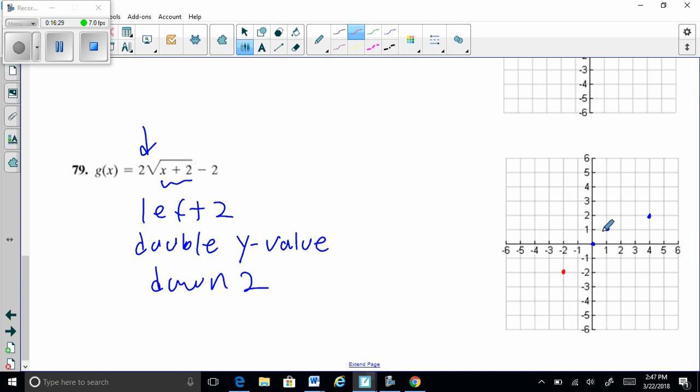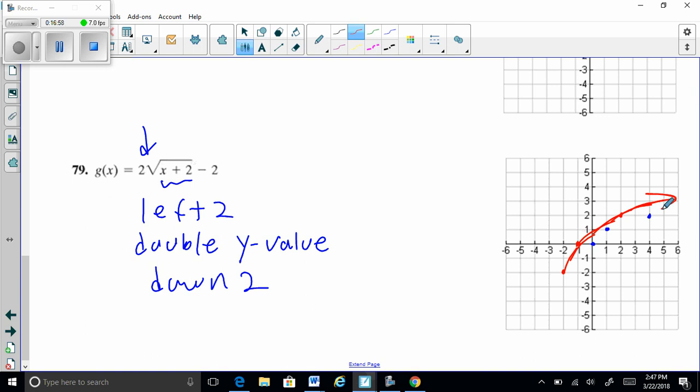Now this guy, we go left 2, you double the y value, so you go from being at 1 all the way up to here at 2, but then you go down 2 spots, so you actually end up right here. And then this one left 2, double it all the way up to 4, but then you go down 2, so you actually go right back to where that spot was. And so then when you draw this, it looks like this right there.